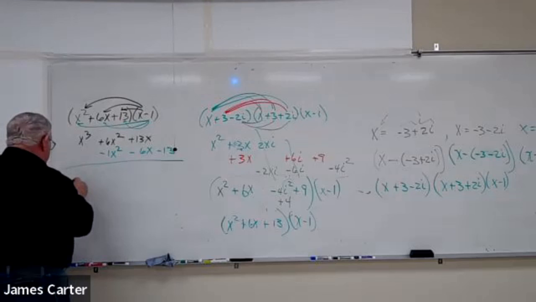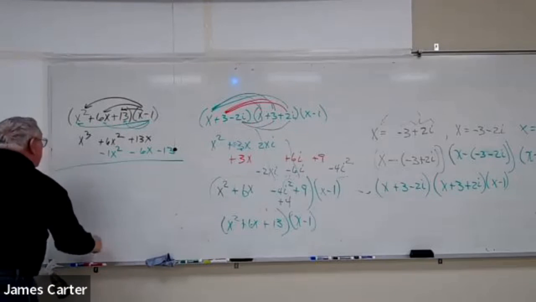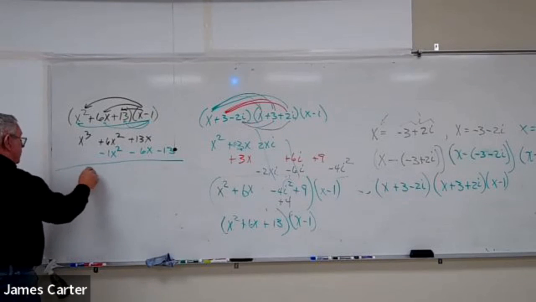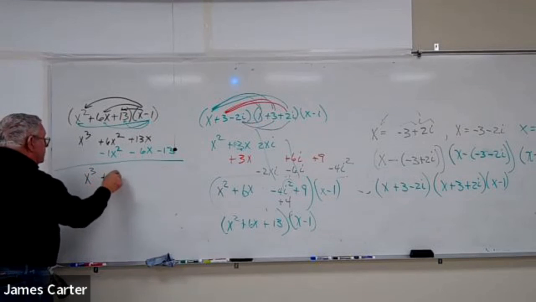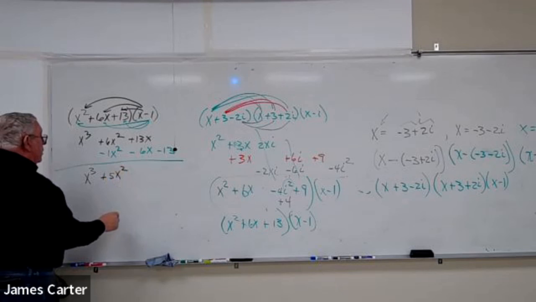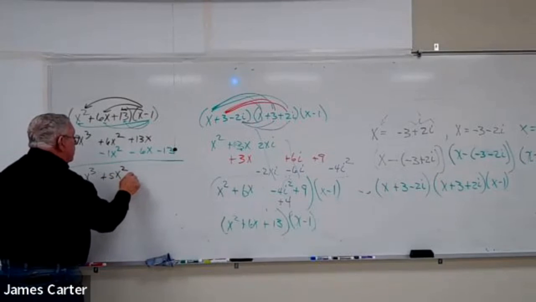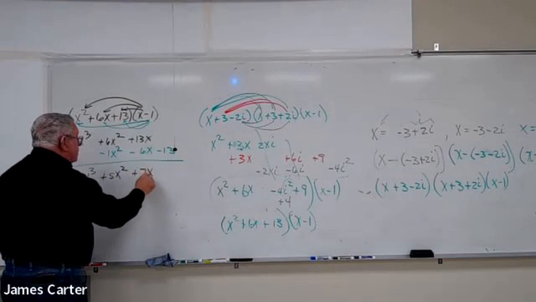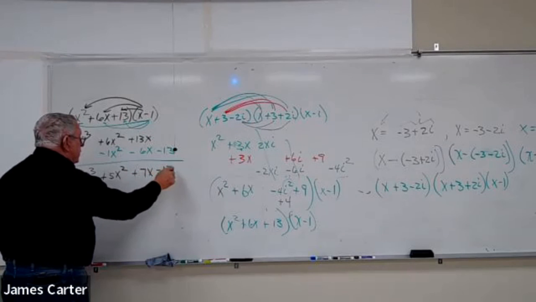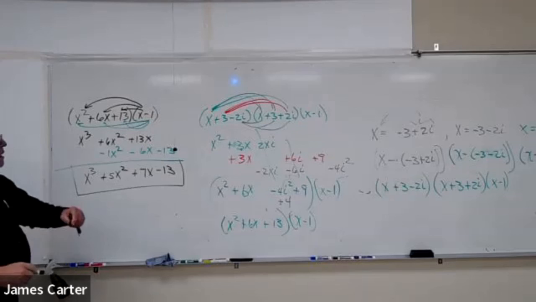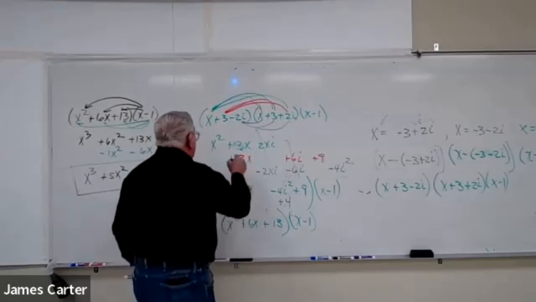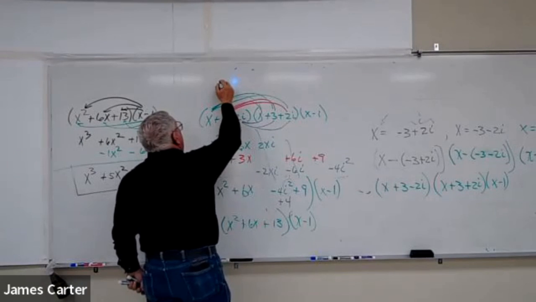So I add all of this stuff. And that gives me x cubed plus 5x squared plus 7x minus 13. That is the equation given the factors that you have.